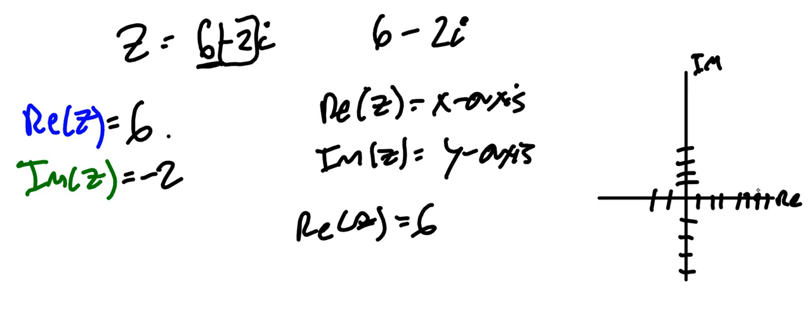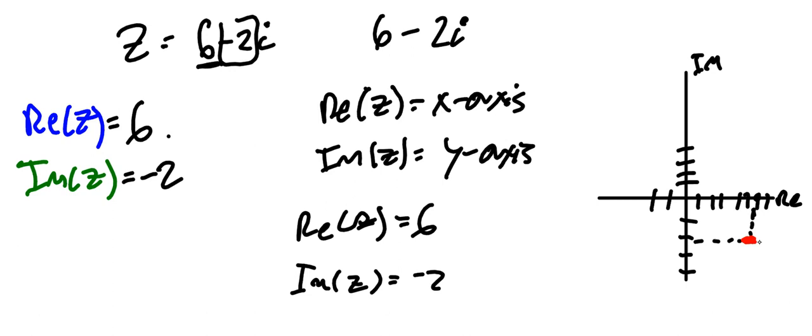Now, we know that Im of z is equal to negative 2. So that means we go down 2. So right 6, down 2. There we go. That is the complex number 6 minus 2i. You're going to the right 6 and down 2 on the complex plane.